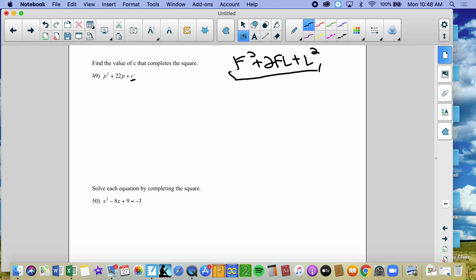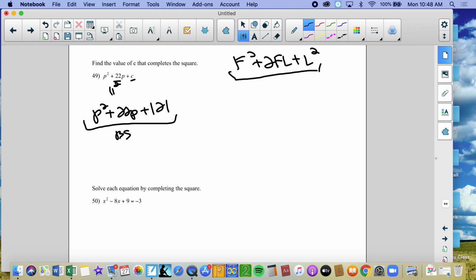So what I do is I'm going to divide that by 2 and square it. So that's 11p, and then I'm going to square it. Not square it. I'm going to divide by 2 and square. So that's 121. P squared plus 22p plus 121. That would be completing the square because this would be now a binomial square.